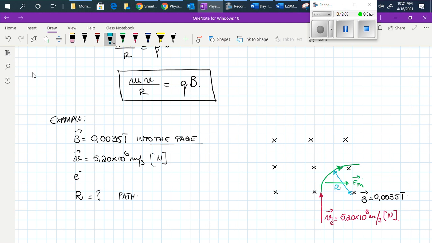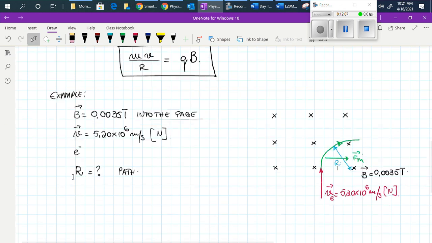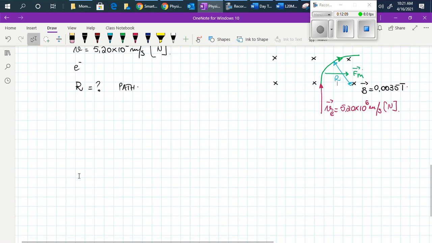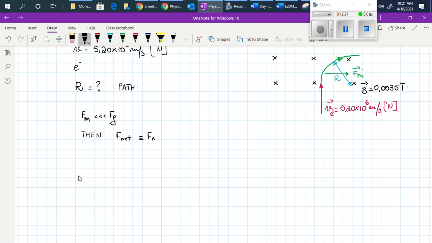Radius of the electron. Now, again, the logic is this: since magnetic force is way, way smaller than force of gravity, you can check this, then we can say that force net is the same as magnetic force. Okay, so this is one fact.